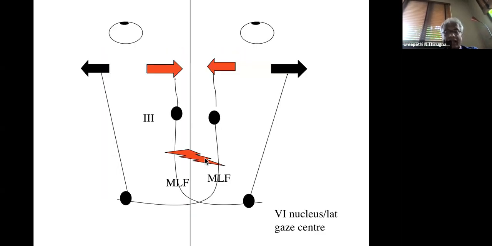With that, we know for sure this patient can only have bilateral MLF or bilateral internuclear ophthalmoplegia as the cause, because muscle pathology, neuromuscular junction pathology, or bilateral third nerve pathology cannot possibly explain this discordance between lateral eye movements and convergence.